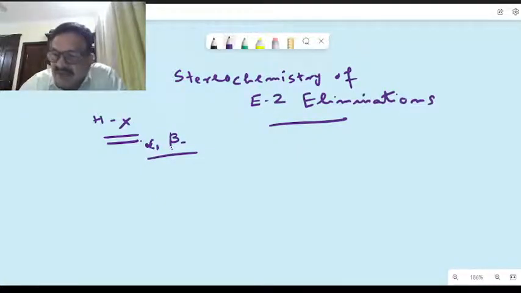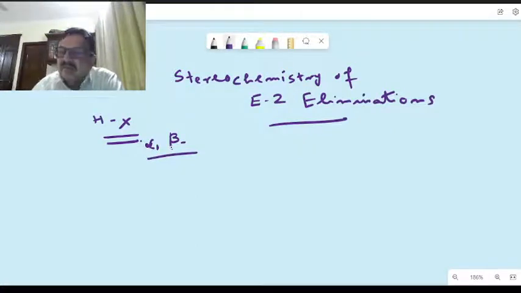So this is known as beta elimination. Dehydrohalogenation is an example of beta elimination because it involves loss of elements from two adjacent atoms: the alpha carbon, bonded to the leaving group, and the beta carbon adjacent to that.